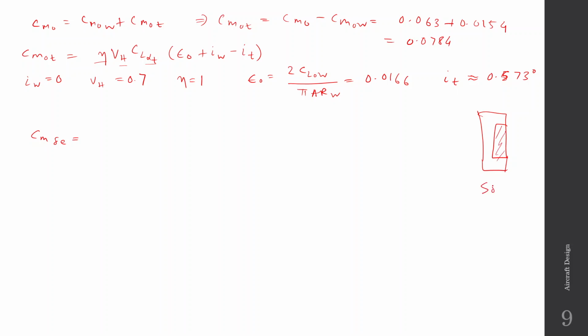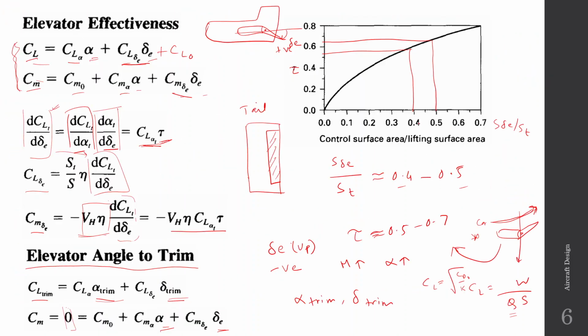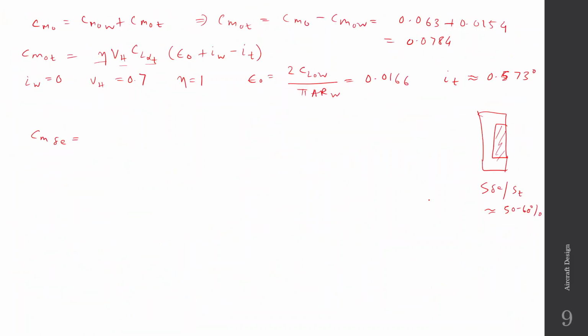So S delta E by ST is roughly 50 to 60%. So from this you can go to this chart, and from here you can find that the tau parameter is approximately 0.5.